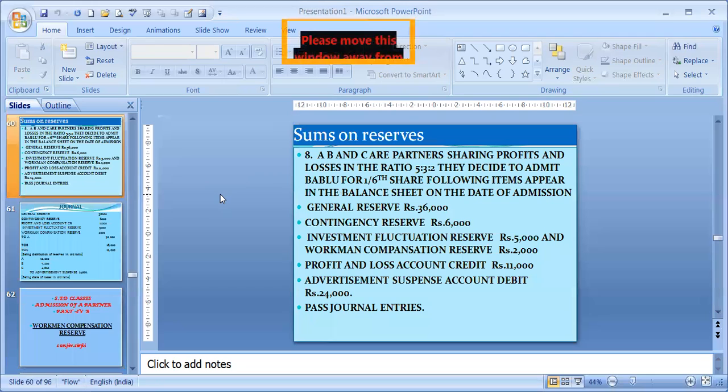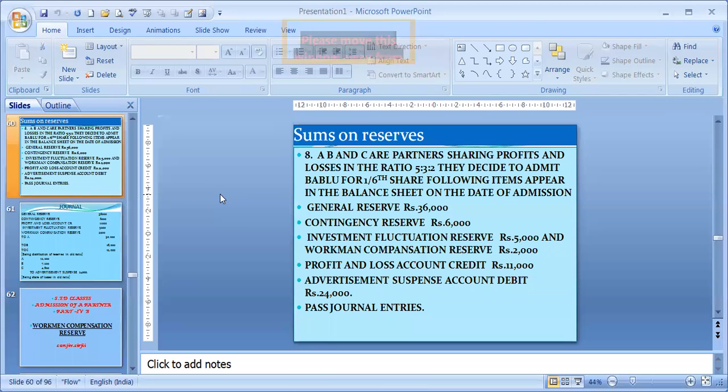Let's do a sum to understand these things. A, B, and C are partners sharing profits and losses in the ratio 5:3:2. They decide to admit Bablu for 1/6 share and on his admission, the following items appear in the balance sheet on the date of admission.